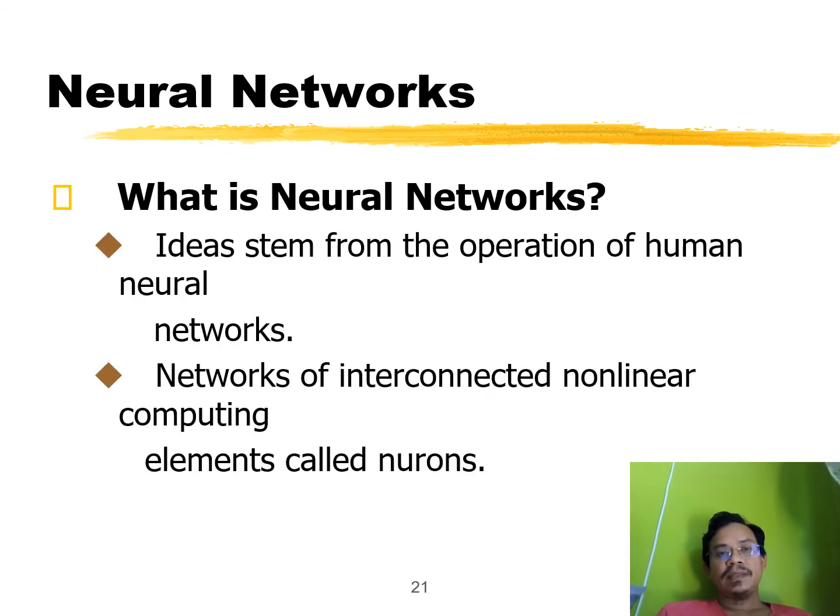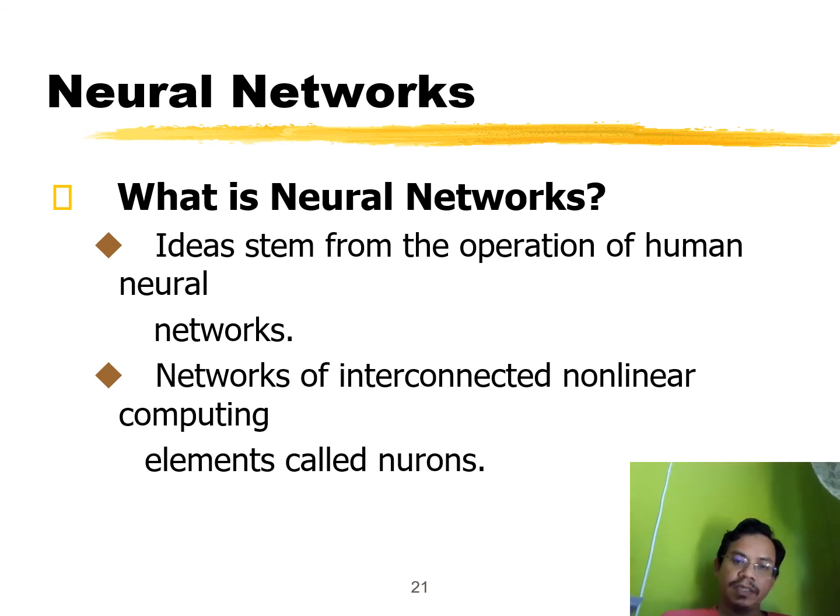So next, neural networks. You learn this in detail in another subject, if not mistaken. But for this subject, this is just theory knowledge or basics of neural networks. What is a neural network? The idea stems from the operation of the human neuron.